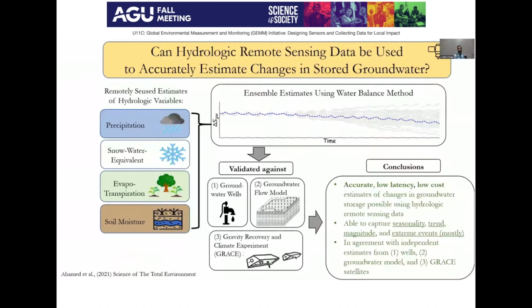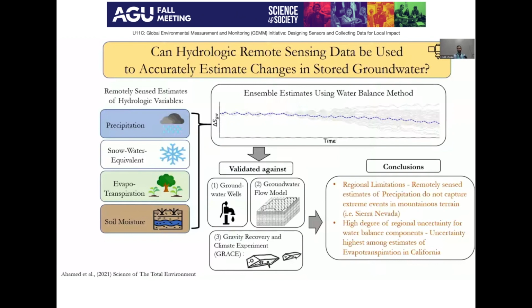So just in summary, we developed a remote sensing based mass balance method to estimate changes in groundwater storage over multiple spatial scales. We validated our approach against groundwater wells, a groundwater flow model, and the Gravity Recovery and Climate Experiment satellites from NASA. We're able to do a lot of good things, but we also have plenty of limitations.